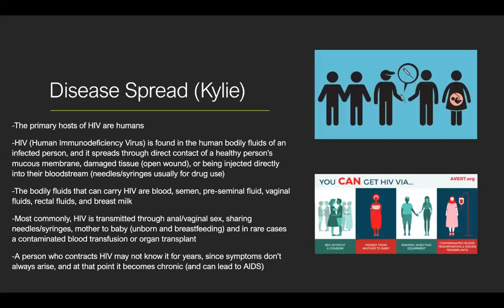And if a person already has a sexually transmitted disease, this can lead to a person being more at risk for HIV. And if a person with HIV has multiple partners that they have sexual intercourse with unprotected, that can spread the disease to multiple people, and that is dangerous.